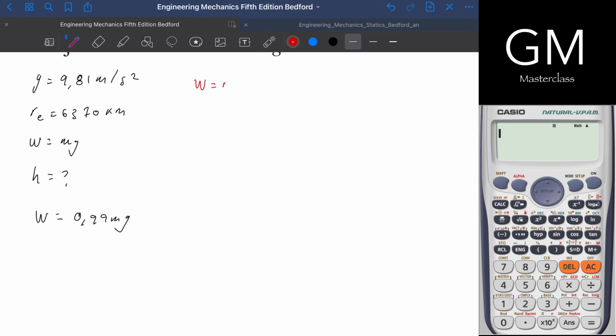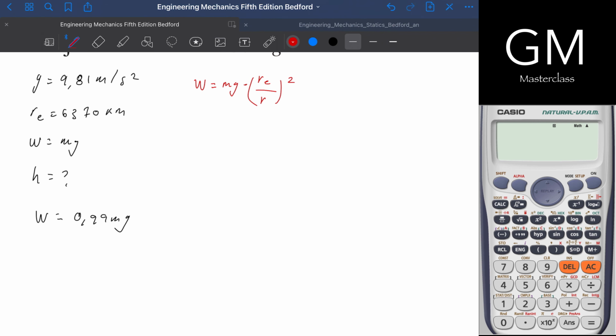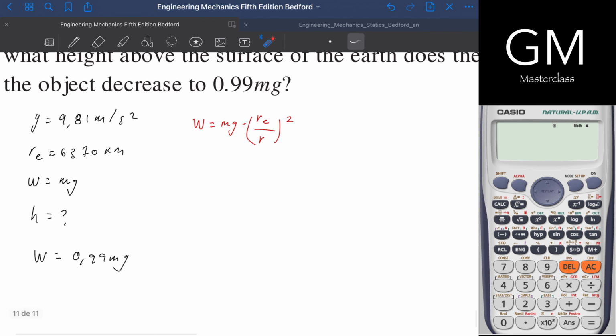The weight is equal to mg multiplied by R_e divided by r, these two evaluated to the second power, in which this is the weight, this is the radius of the Earth, and this is the distance between the center of the Earth and the object that is above the surface of the Earth.